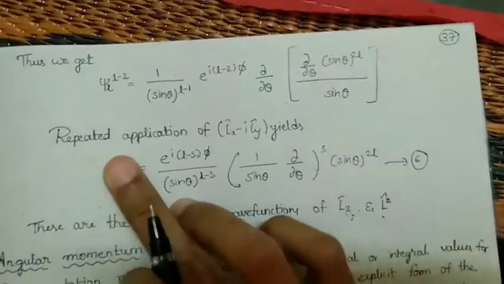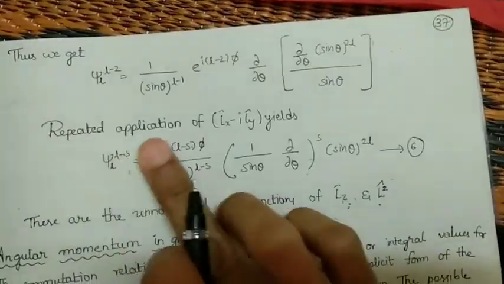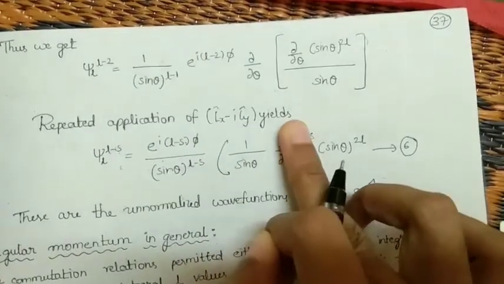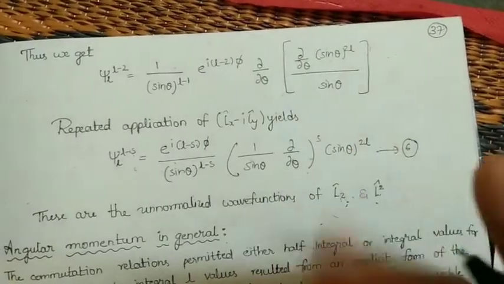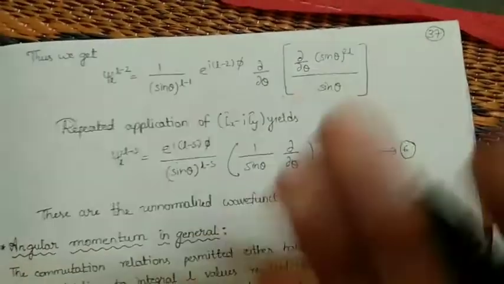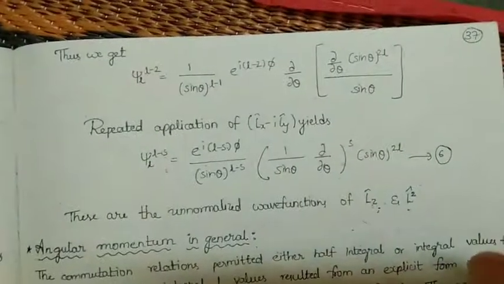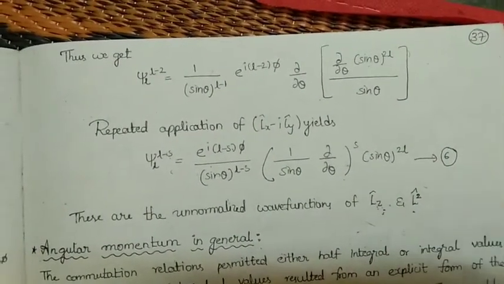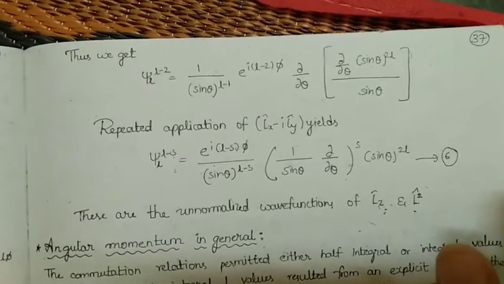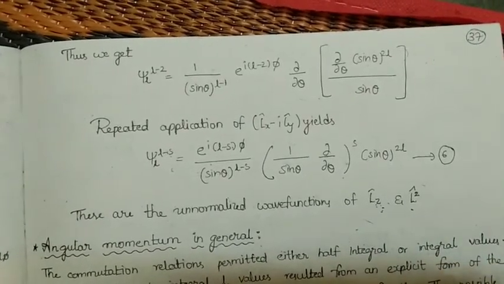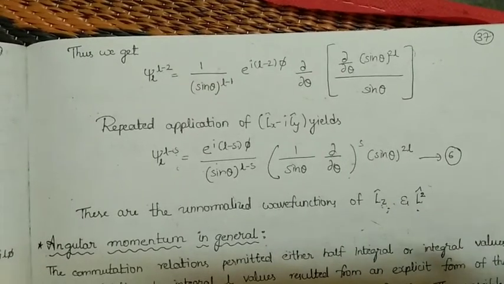Again if we want to get for L-3, L-4, L-5 like that, repeated application of L_x minus iL_y would yield them. So the remaining wave functions also we could get by this procedure if we go on doing the same thing. In this manner we can find the wave functions for different possible values of m and for the same value of L. For a given value of L we have different possible m values.